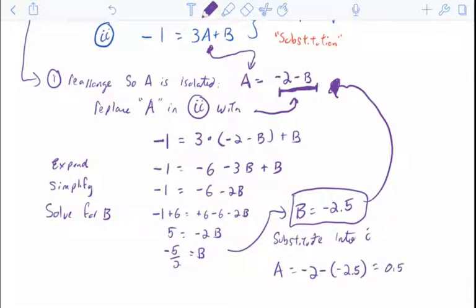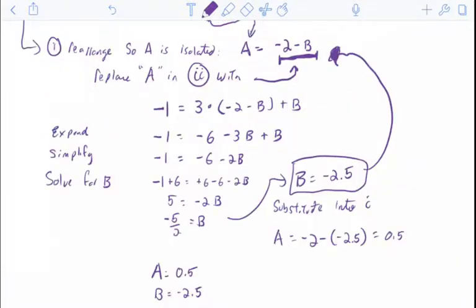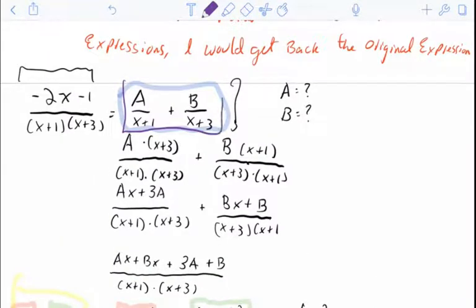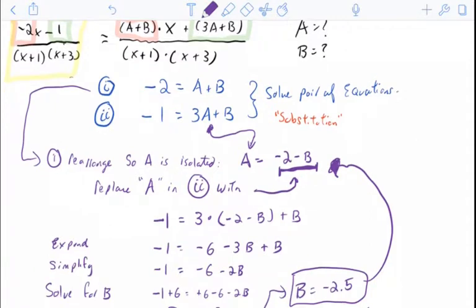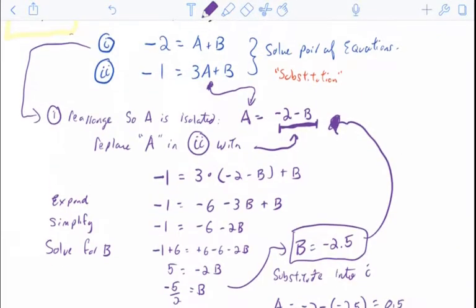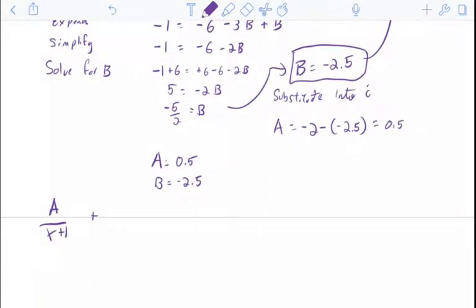Okay. So what does this mean? It means that I've figured out the value of a and b, which are supposed to go into my original expression. So it was a over x plus 1, x plus 3, I'm sorry, plus b over x plus 3.